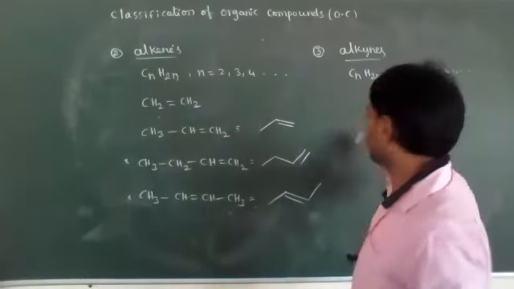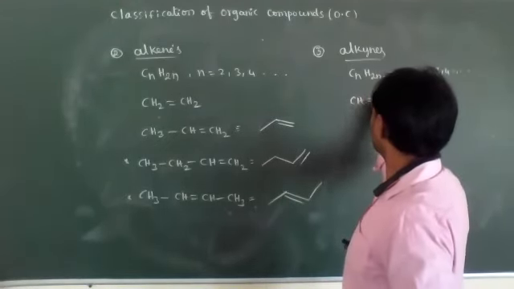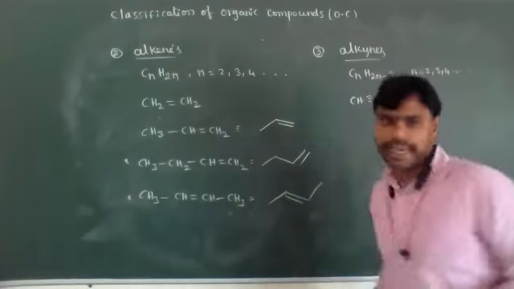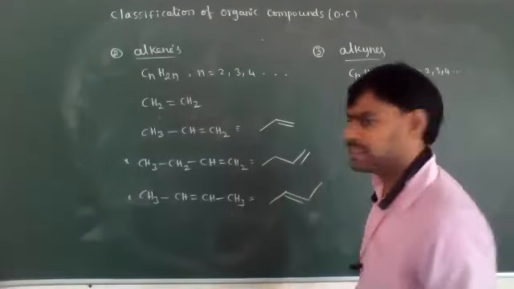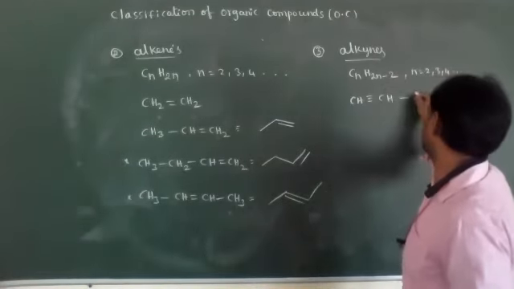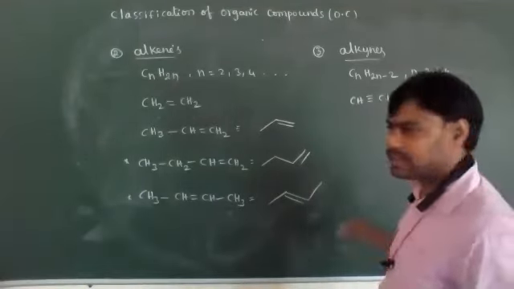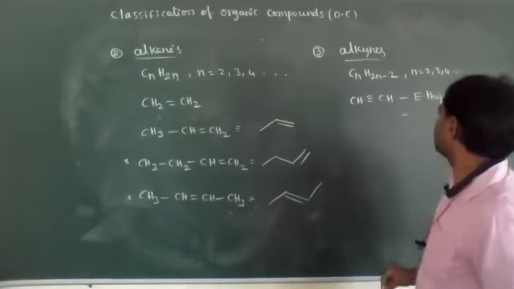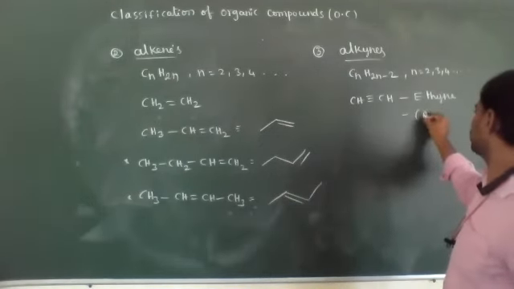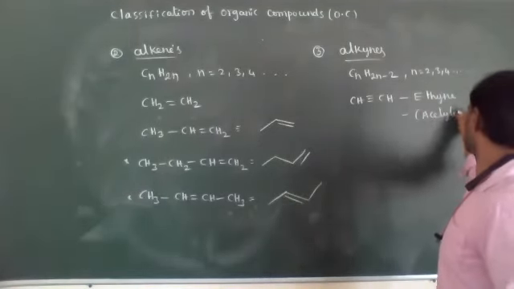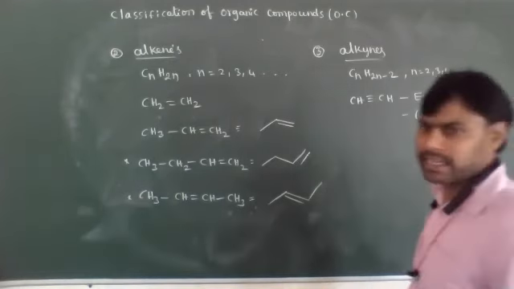Okay, students, now the simplest alkyne is CH≡CH. This is called ethyne. Its IUPAC name is ethyne, and its common name is acetylene.